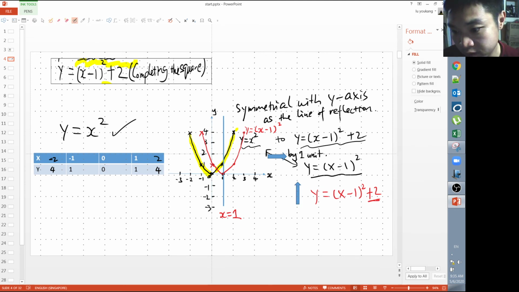Okay, so you should see it like this. You have already sketched out this part, right? This curve in red should move up by 2 units because it's +2. If it were -2 here, you should bring it down by 2 units. So this entire curve, you must bring it up by 2 units.